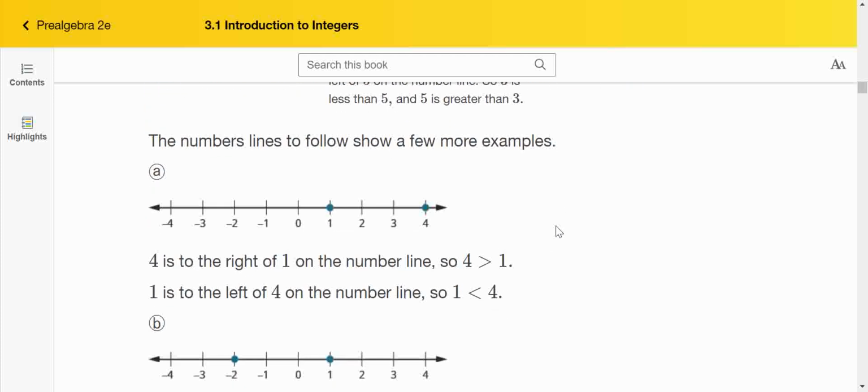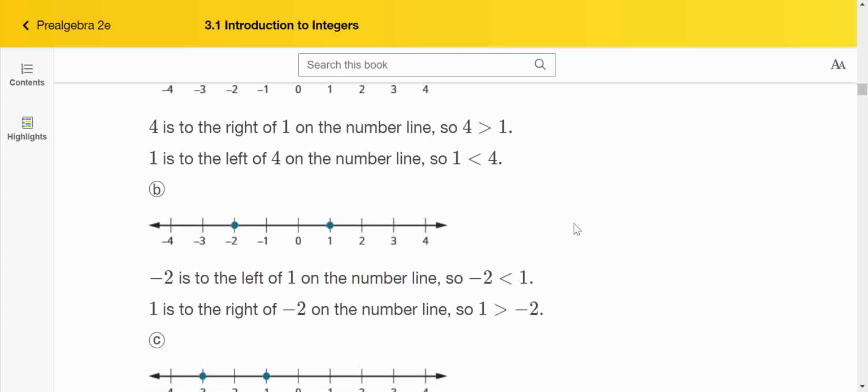The number lines to follow show a few more examples. A. 4 is to the right of 1 on the number line, so 4 is greater than 1. 1 is to the left of 4 on the number line, so 1 is less than 4. Both are true.